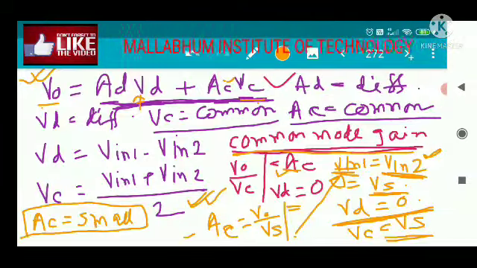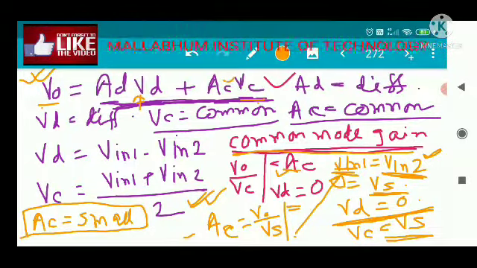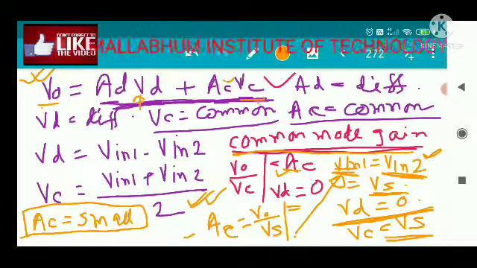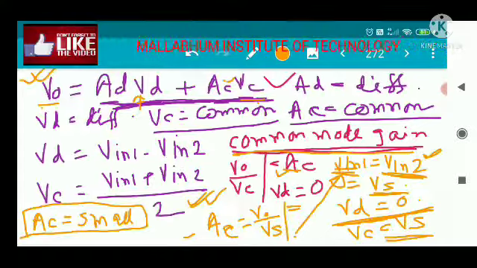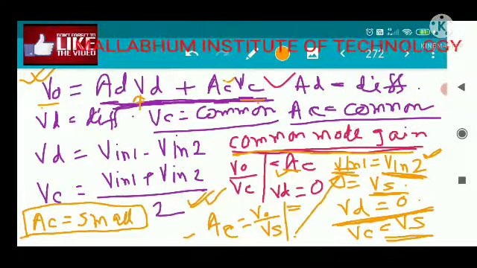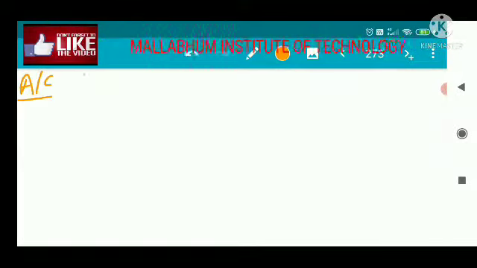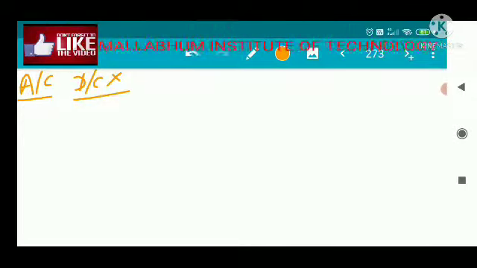Now in the case of the AC analysis, we must deactivate the DC signal, and likewise we will calculate the AC analysis. Likewise in the DC analysis, we deactivated the AC signal.